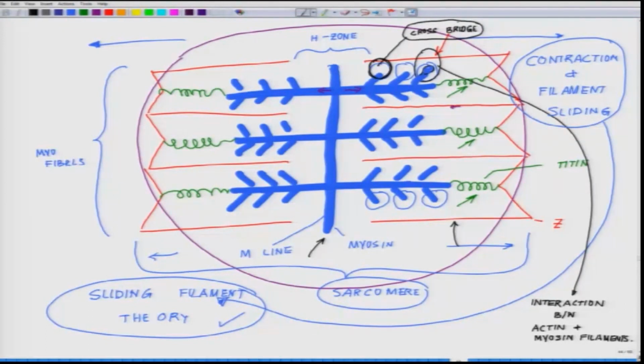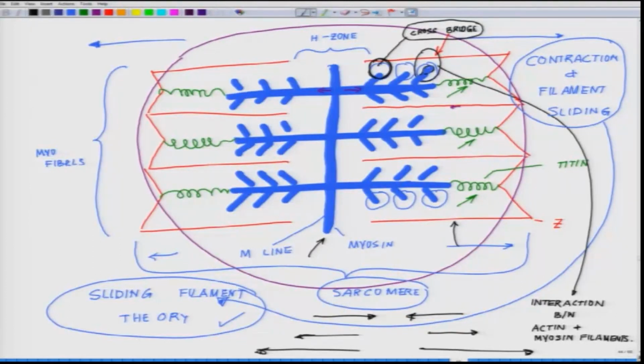This is the zone which is called a cross bridge, and the movement here is like this: either the sarcomere will shorten, or it will remain in a normal relaxed position, or it will remain in an extremely relaxed position.